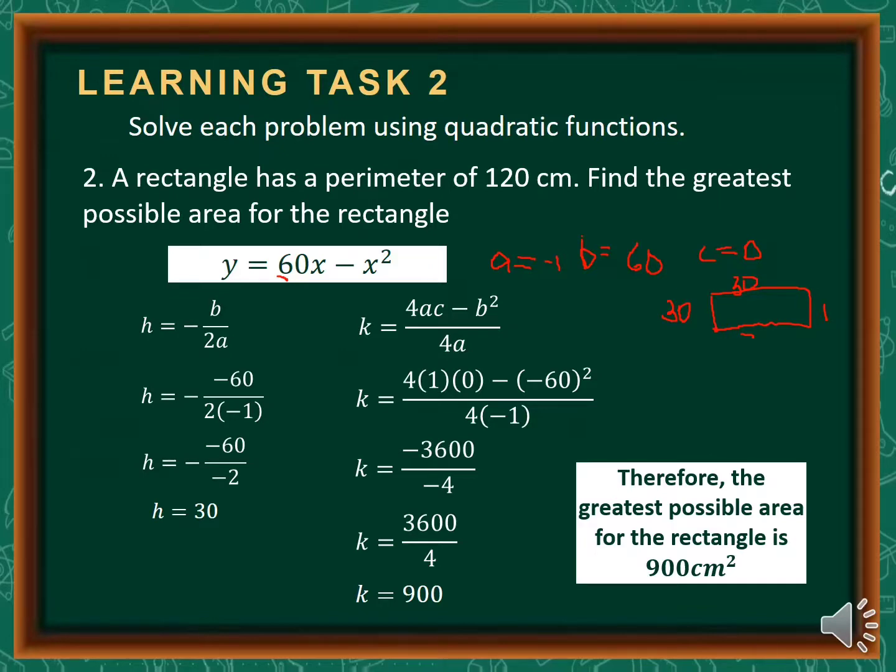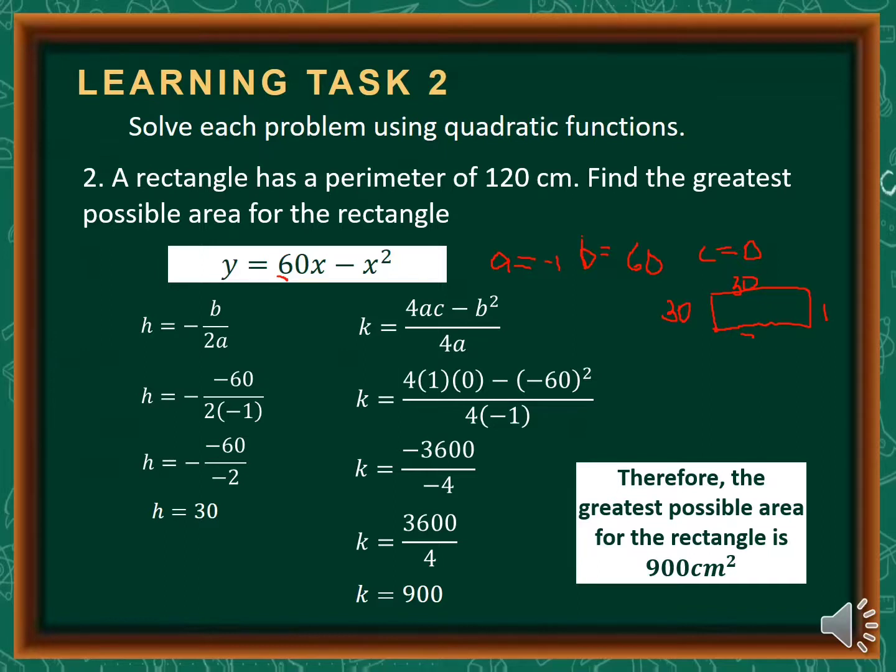That it is possible na magkaroon tayo ng dimensions or length and width which are equal ng rectangle, which are 30 and 30. Nakuha? Pero hindi naman po yun ang hinahanap, which is the greatest possible area.